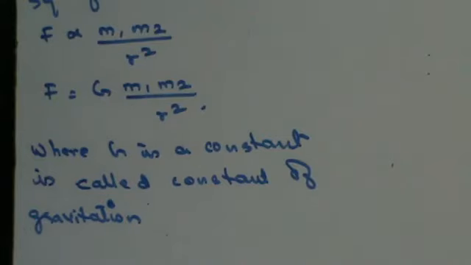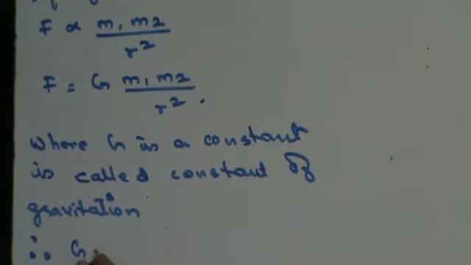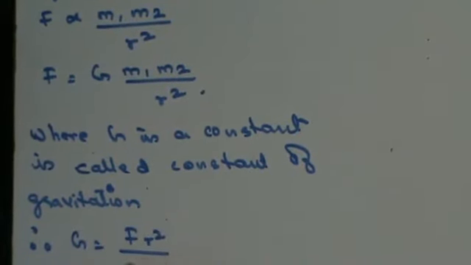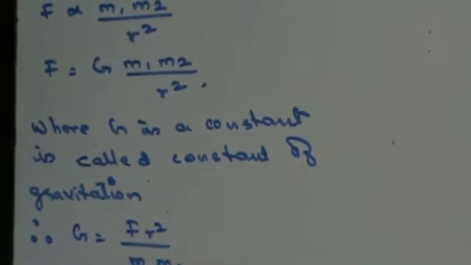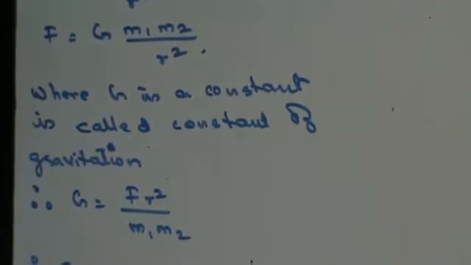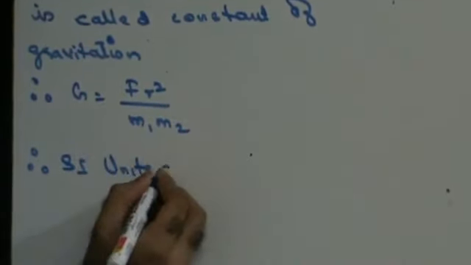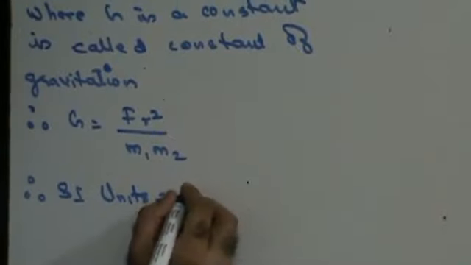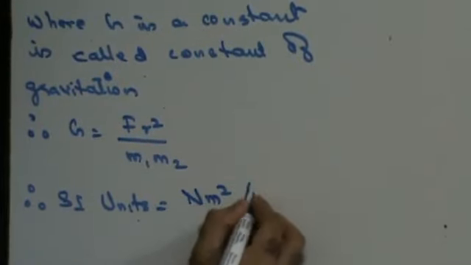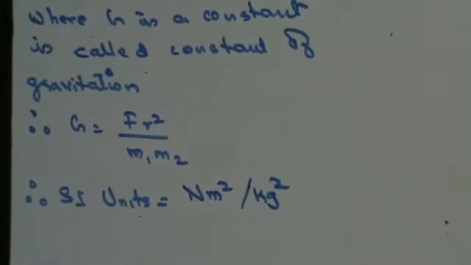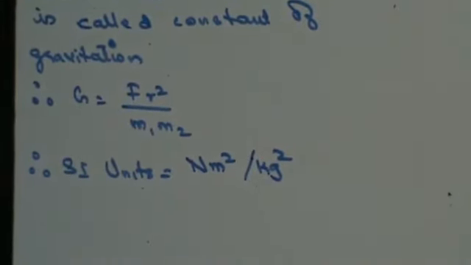Now, the SI units of G: G is equal to F r square upon m1 m2. Therefore, the SI units of G will be nothing but Newton meter square per kg square. Newton is force, meter square is r square, and m1 m2 therefore kg square.